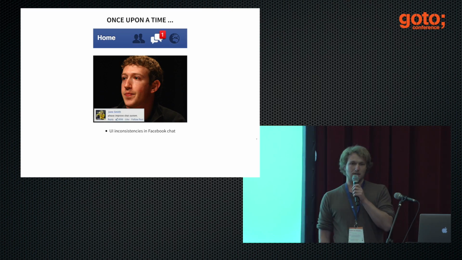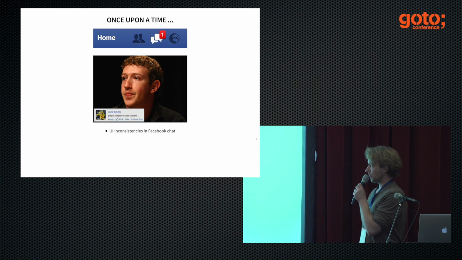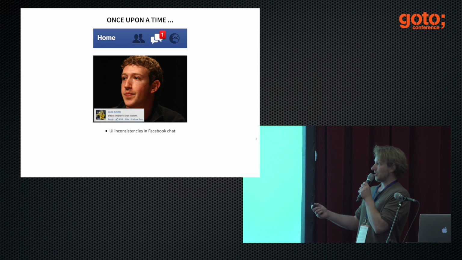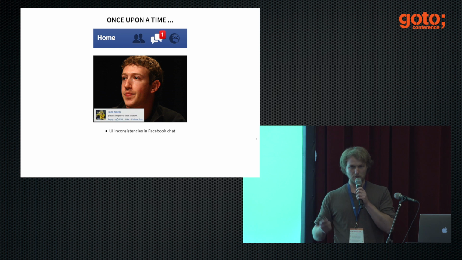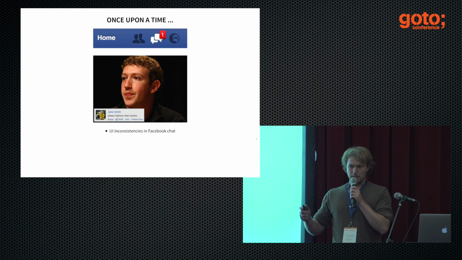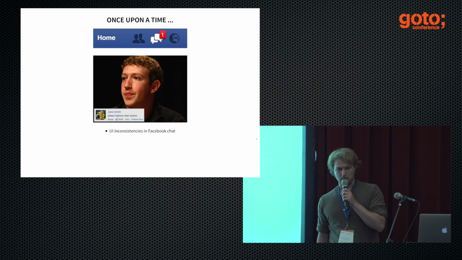Facebook. 2 years ago, they made a presentation where they told everyone, we have a huge problem getting our count of unread messages to work synchronously across the entire application. As users navigated Facebook, they had various places where there was a possibility to read or send chat messages to other users.